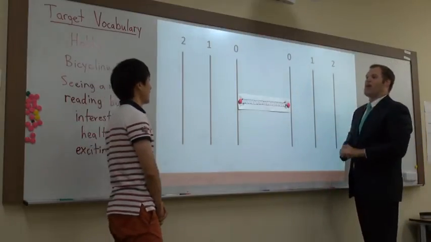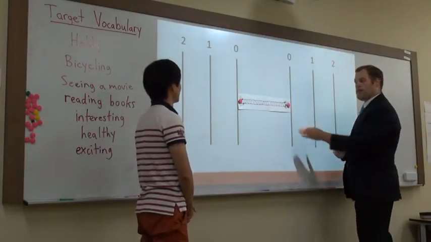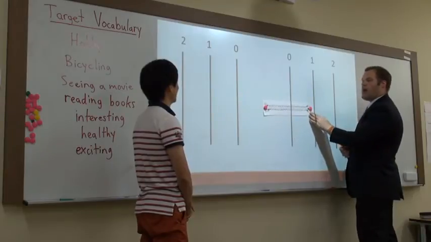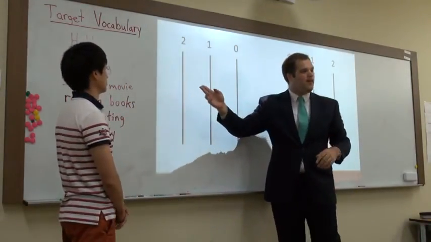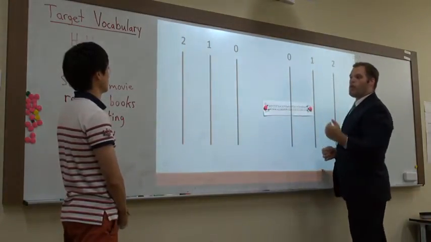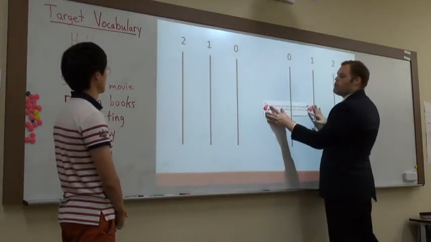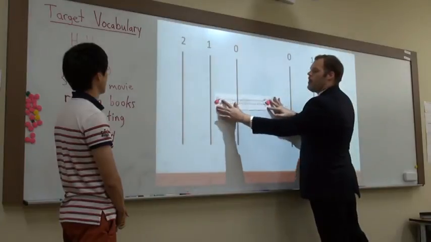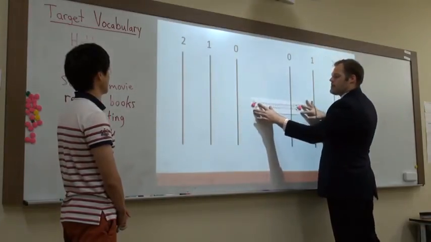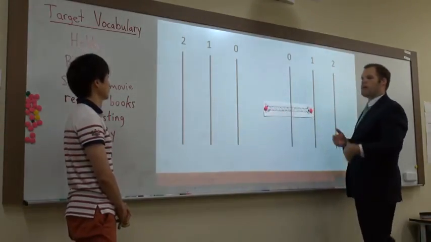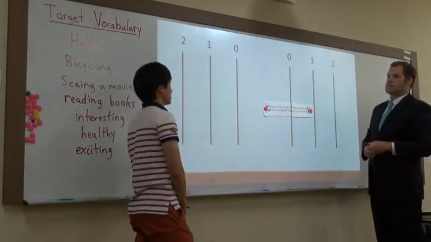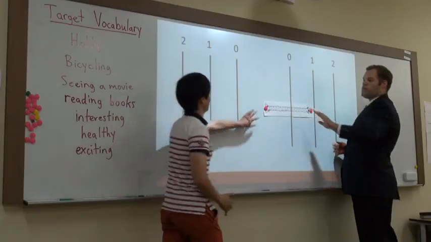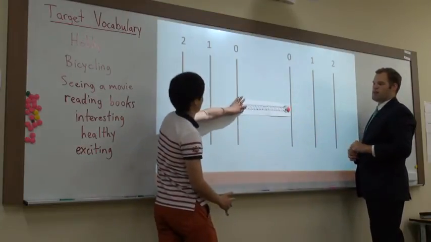Hi, Jayu. Hi. Do you have a hobby? I have said the first target vocabulary word, hobby. Every time he or I says a word, we will move it in the direction of our side. Okay, so I have said one, hobby. Oh, well, I like reading books. Reading books, so he will move the rope closer back to his side by one.